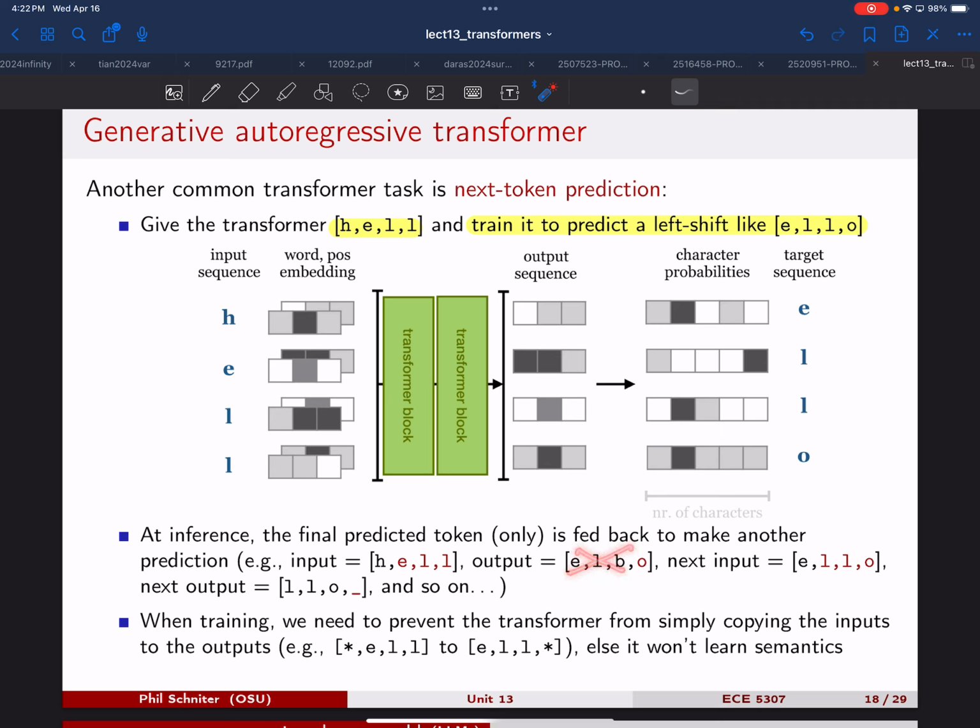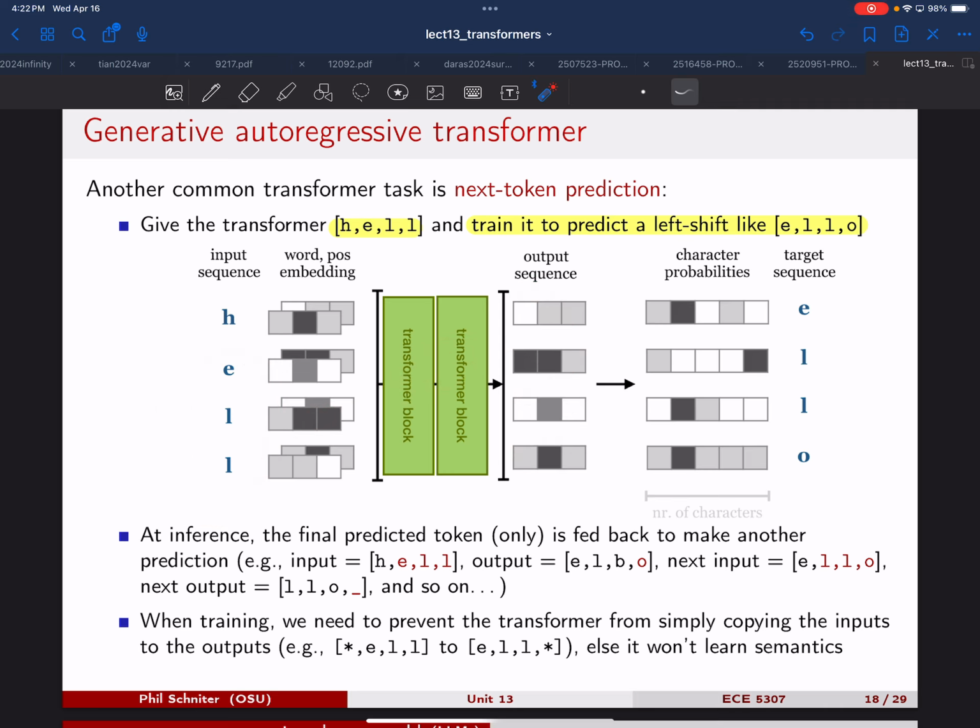So what you actually do then is ignore all this stuff. You only use the last predicted token, and you concatenate that with the last inputs to make the next input. Then you feed this in over here and so on. So you only use the last generated output, you ignore these, and you fill them with those values.